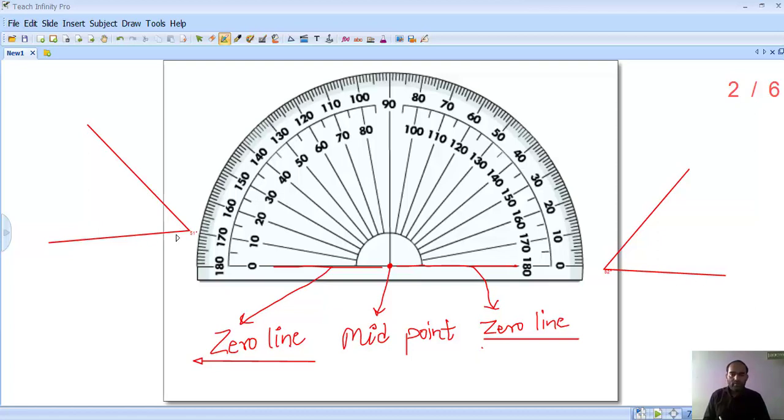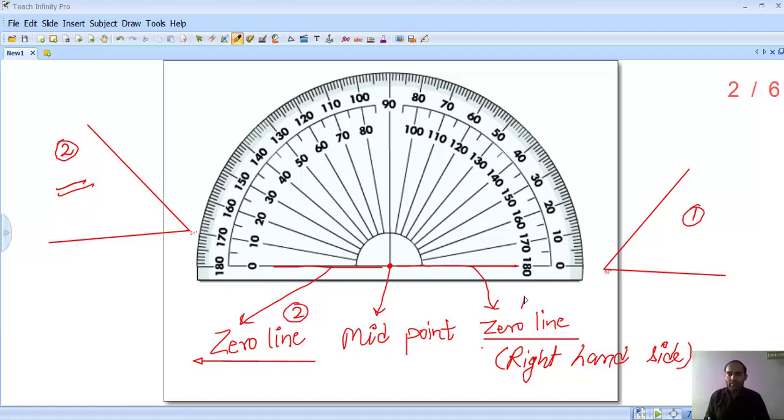Let's suppose this is angle 1 and this is angle 2. If you are talking about angle 1, then you are going to use the zero line which is on the right hand side. And if you are going to measure this type of angle, then you are going to use the second zero line.